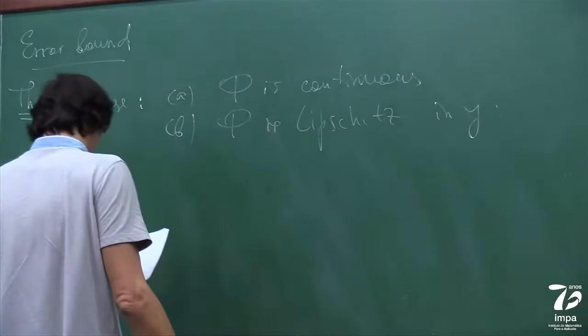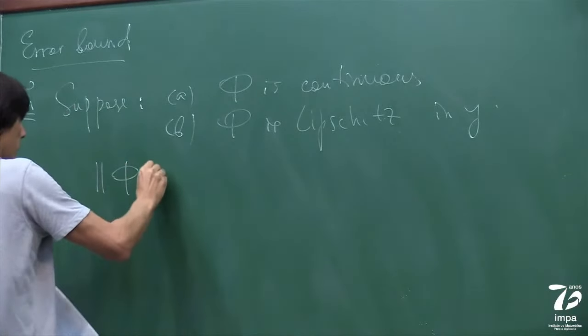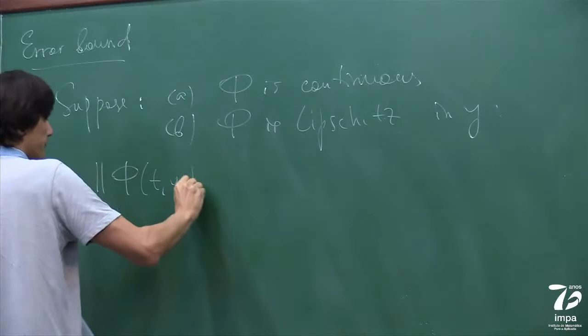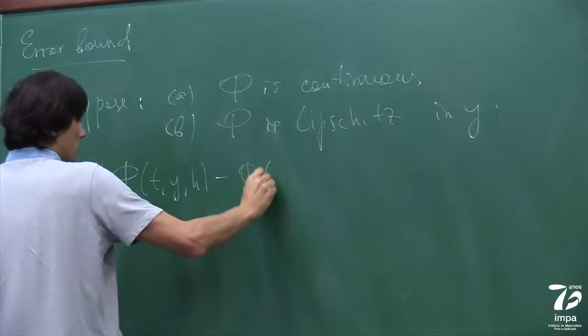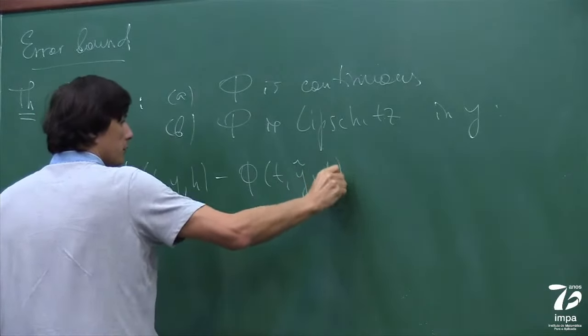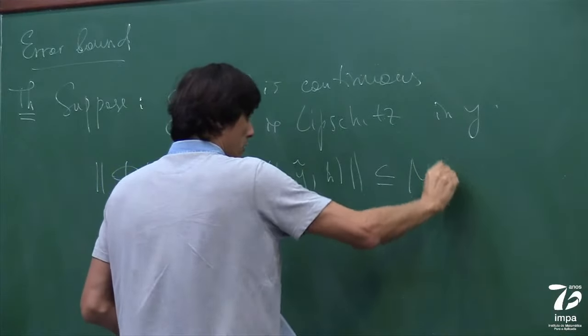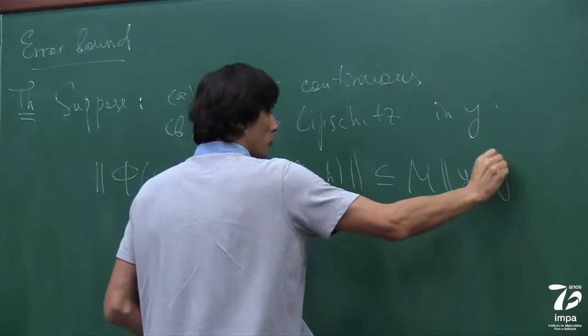So specifically, let's write it exactly. The difference between the function and the function at a different point, y tilde, should be bounded by some constant times the distance between the 2 points.